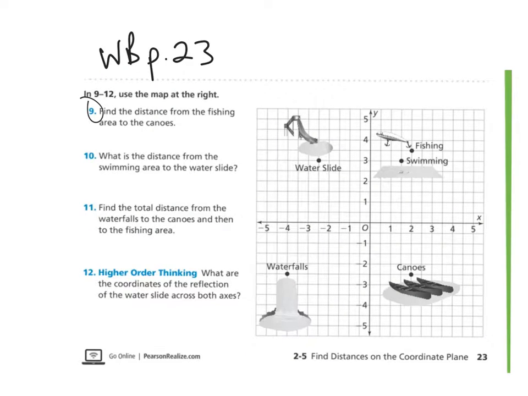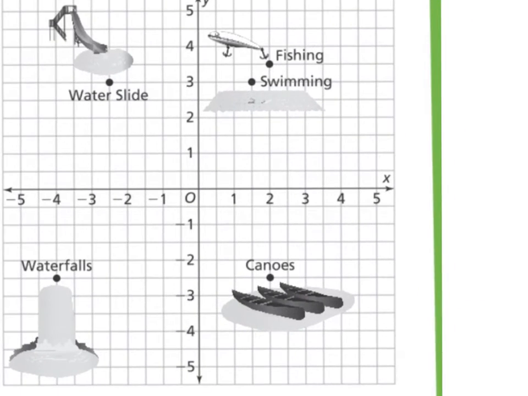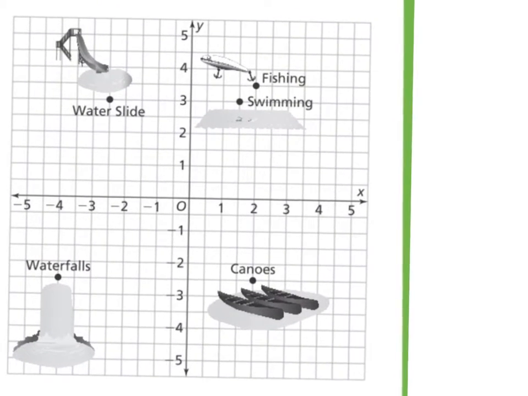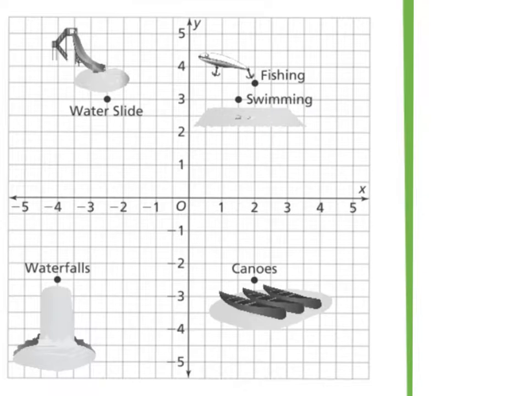On workbook page 23, if we look at number 9, they want us to find the distance from the fishing area to the canoes. You might notice on this graph, every other box there's a number. That means they're actually going by halves.